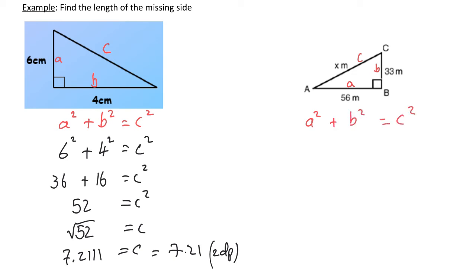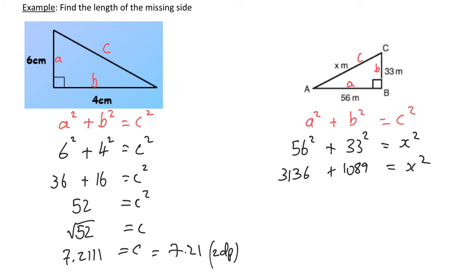And if we substitute in the values, so A was 56 and B was 33 and C is X. So squaring 56, we get 3,136. And 33 squared is 1,089, and that's going to equal X squared.